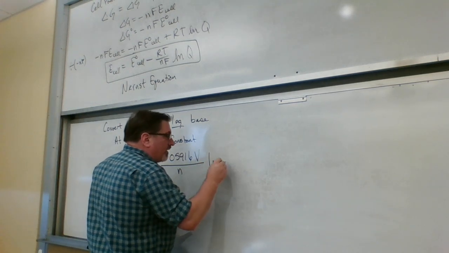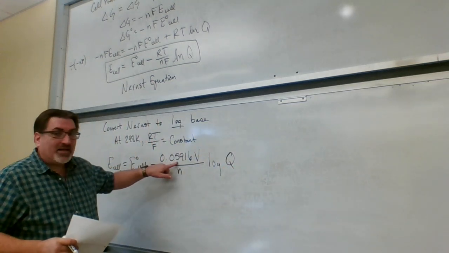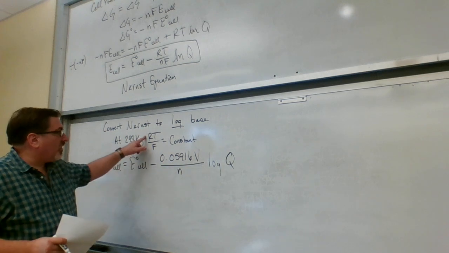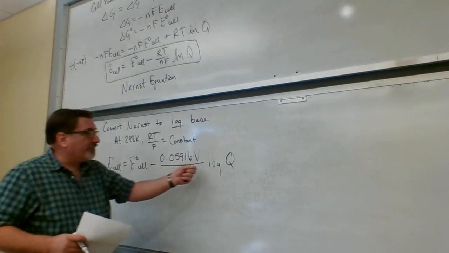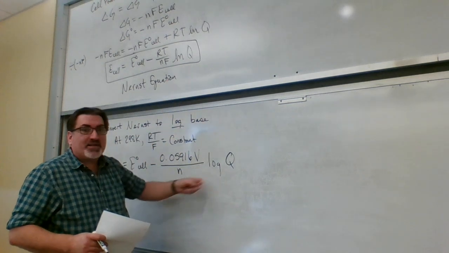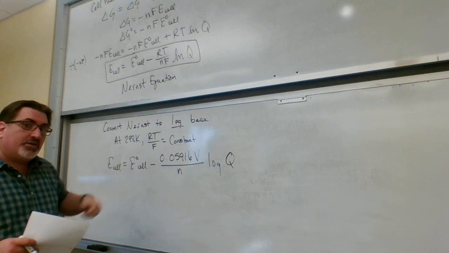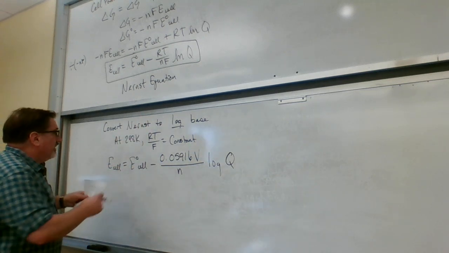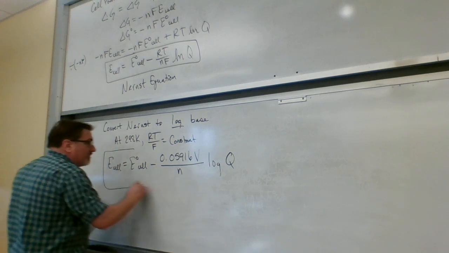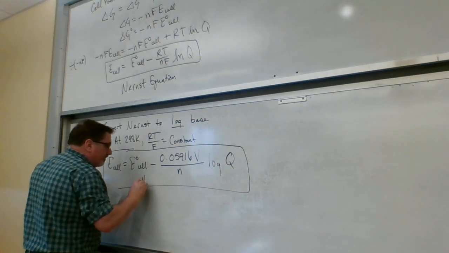Times the base 10 log of Q. The 0.05916 is R times T divided by F, and the conversion factor between base 10 and natural log. There's a 2.303 conversion factor that you use to go between base 10 and natural logs. That's all combined together. This is the Nernst equation I'm going to use for all of my problems, and I encourage you to also.